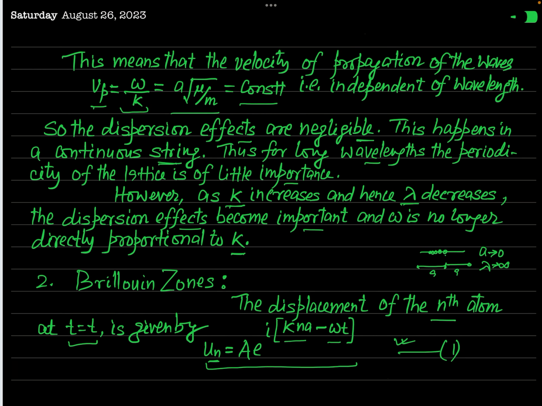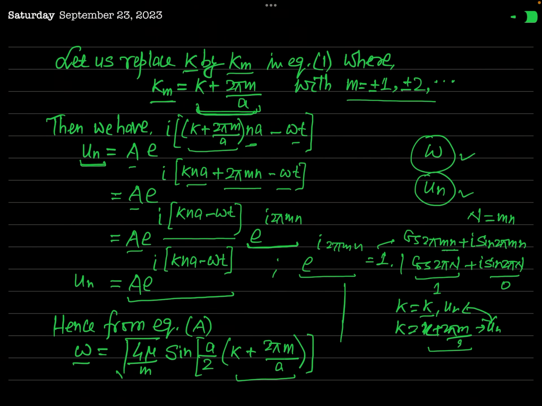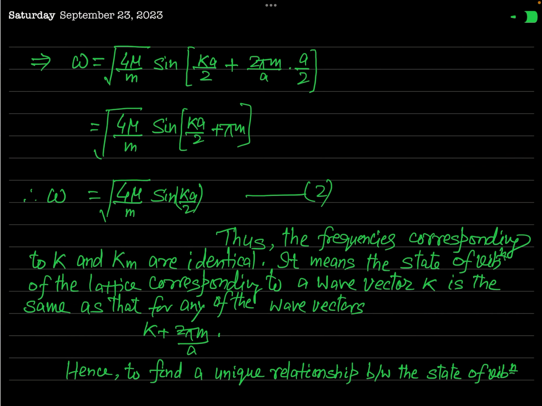But how can you now see it? I have substituted here, you can see omega is now equal to square root of 4 mu by m times sine ka by 2, but in place of k now I am writing k plus 2 pi m over a, times a by 2. Now again simplify the RHS.